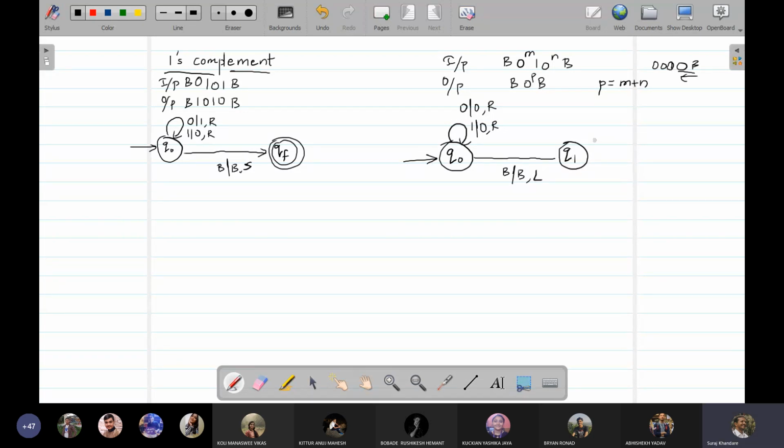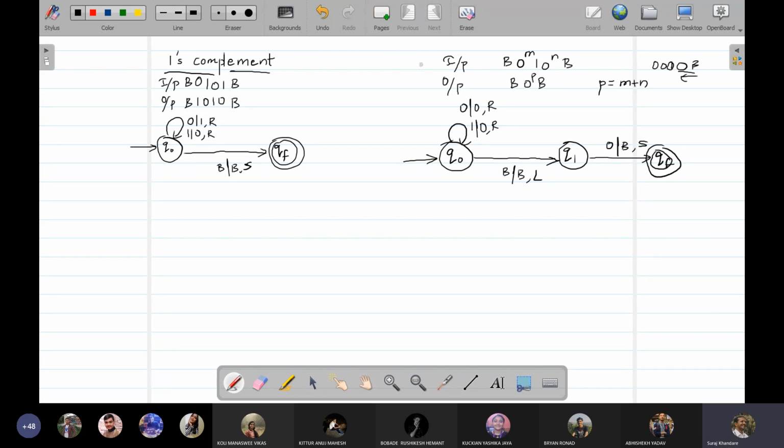We have changed the state to Q1. Now in Q1, when we are moving to the left, the first 0 that we encounter, we will change to blank. So 0 will be changed to blank and we stop there and go to the final state QF.